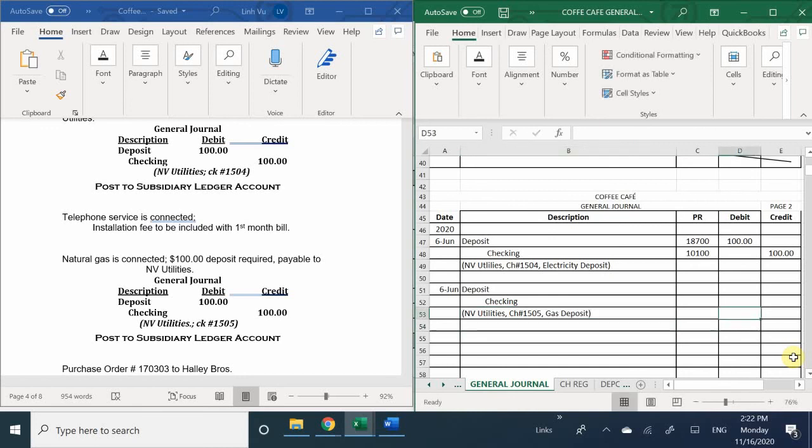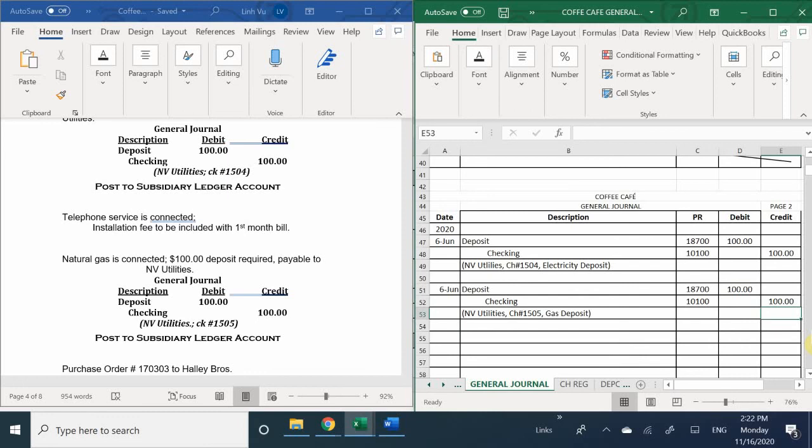The numbers are going to be the same as far as accounts: we have deposits as 18,700, and then we have the checking account as 10,100. And the amounts are going to reflect the same. It's another $100 deposit. So same exact transaction, except the description is going to look a little different.